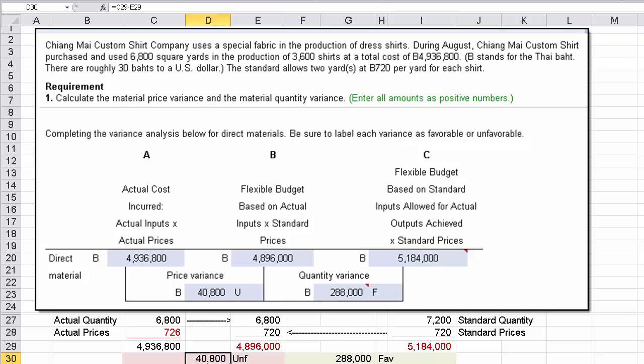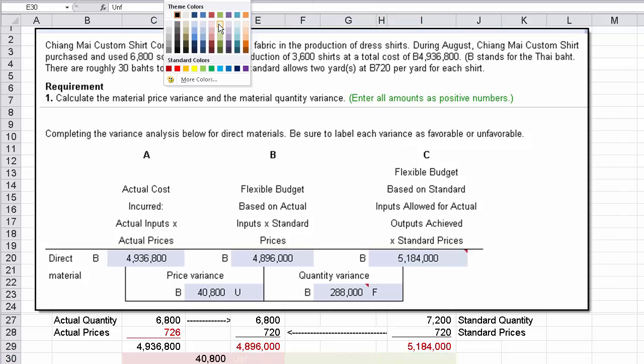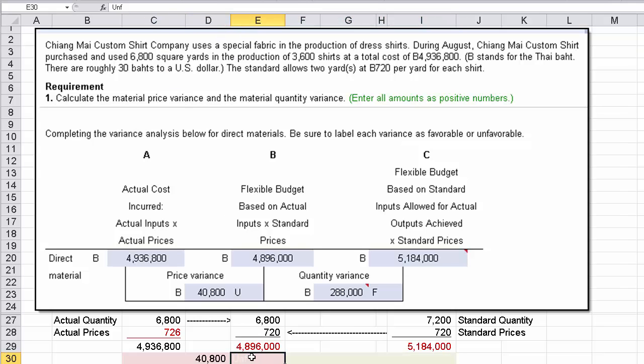Okay? Now, on the right side, we simply multiply the standard quantity times the standard price, and we come up with what the flexible budget called for. Then we compare that number to the middle ground, and that will compute the quantity variance. So, really what I want to do is color all of these a light green color.